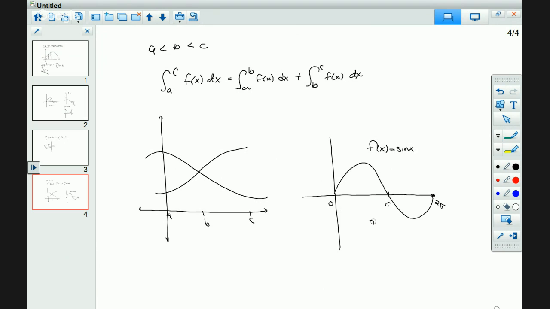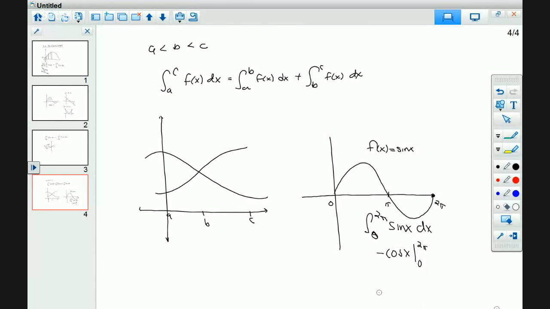And so, just a reminder. Whoa, hold on. I'm still in derivative mode. Integral from 0 to 2 pi of sine x. Negative cosine, yeah. Negative cosine x from 0 to 2 pi.